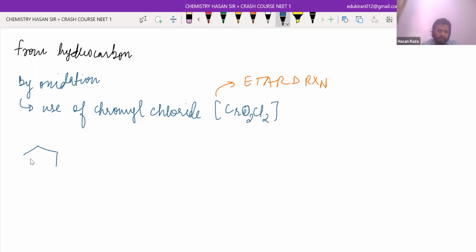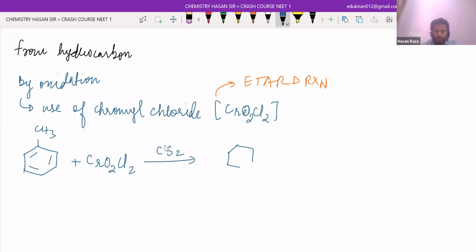So here, first, I'm going to take toluene, C6H5CH3. First, you are going to react this with CrO2Cl2, which has the name chromyl chloride, in the presence of CS2. So as you can see, two of the hydrogens will be removed and it will be replaced by the addition of the chromium group.